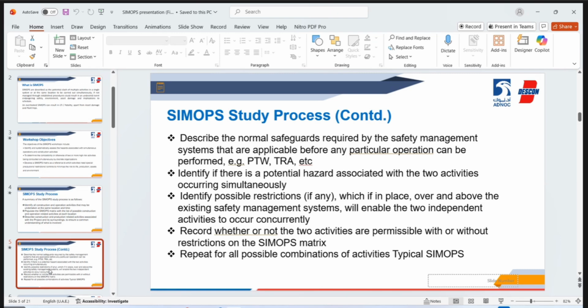Identify if there is a potential hazard associated with the two activities, identify possible restrictions, then record whether or not the two activities are permissible with or without the restrictions. That means we have to bring everything to the alarm level.